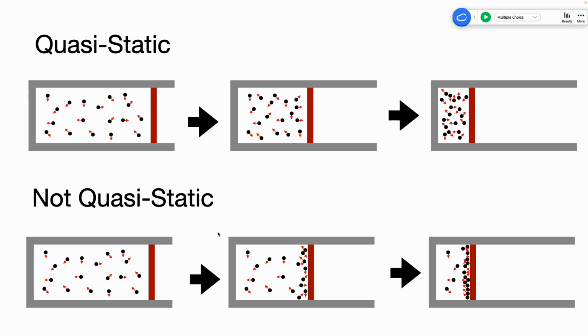If you push it slowly enough, the gas will have enough time to bounce to the other side and distribute inside the box evenly. But if you do it really fast, then there will be a significant difference in the distribution of the gas molecules in the box. Okay? Any other question? Good. Now, it's your turn.